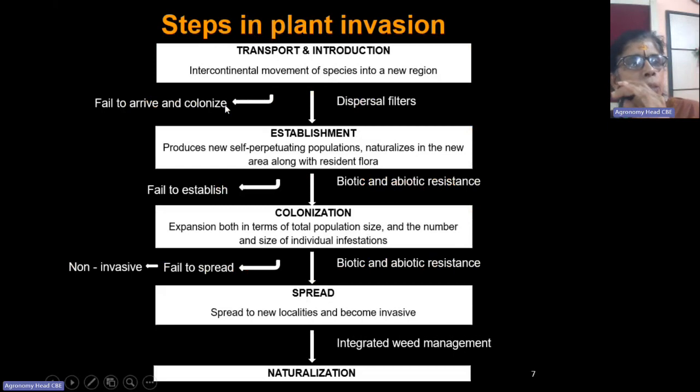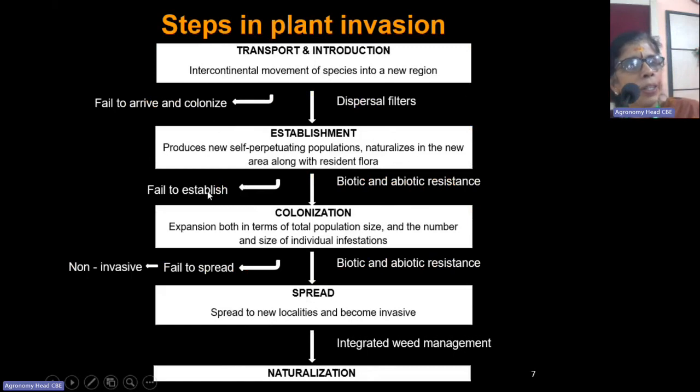One is the transport, and some of the species get established. There is a 10% rule: only 10% pass through each step, and at the last step, only 10% of the introduced ones successfully get naturalized.